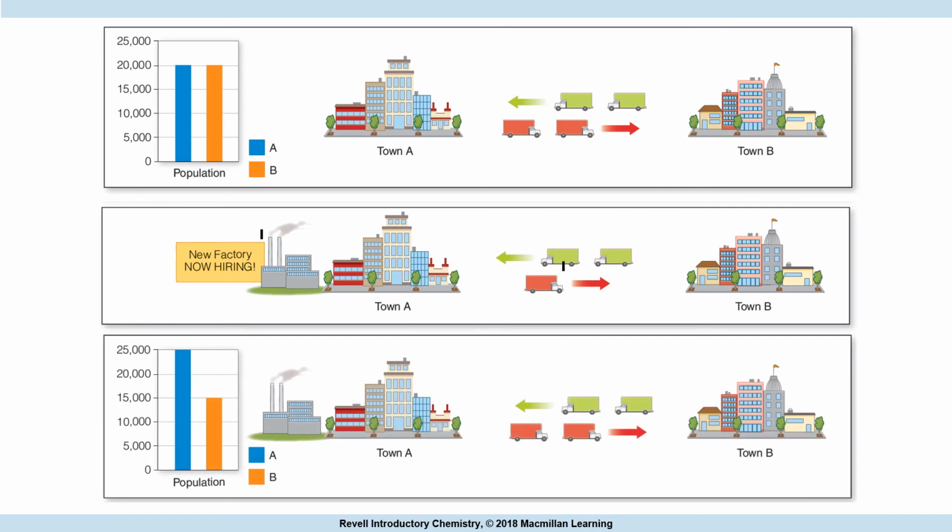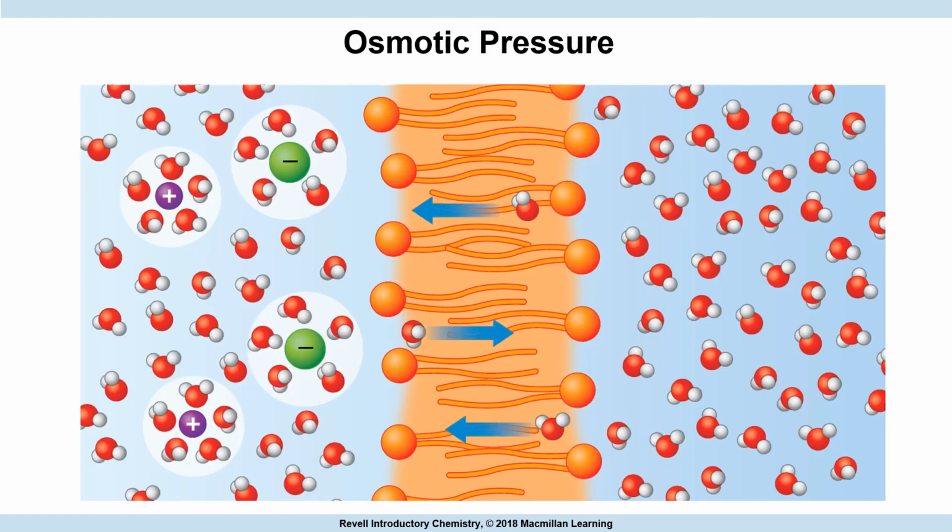So we could think of that as another way that we will show equilibrium being established. Osmotic pressure is very important to maintaining the pressure and ultimately blood pressure in our bodies.